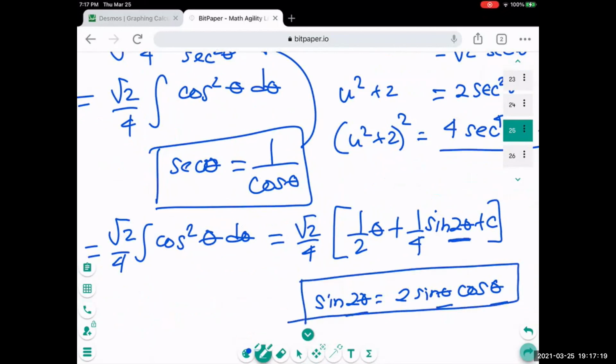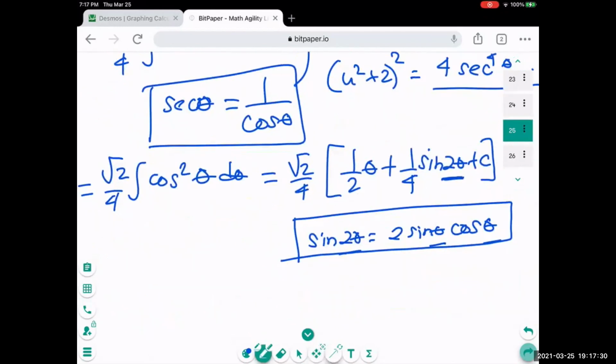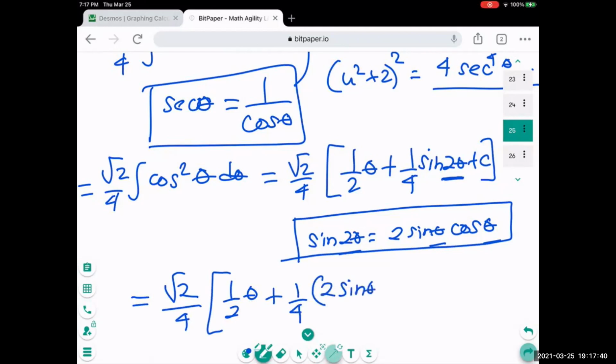This is another trigonometric identity, the double angle identities, 2 sine theta cosine theta. So let's substitute it in the equation. So square root of 2 over 4, 1 half theta plus 1/4 times 2 sine theta cosine theta plus c, right?